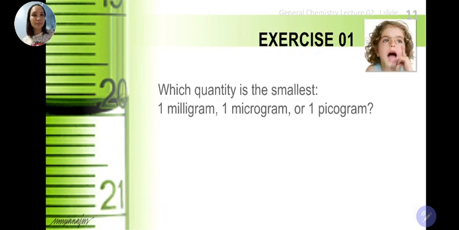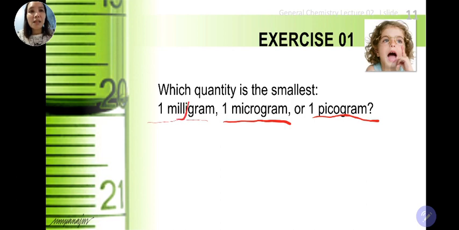Okay? So, for your first exercise, we have to determine which quantity is the smallest among these three. Is it 1 milligram, 1 microgram, or 1 picogram? Okay? So, if you will see, ang difference lang niya is yung nasa prefix niya.